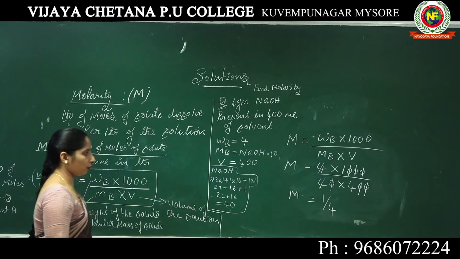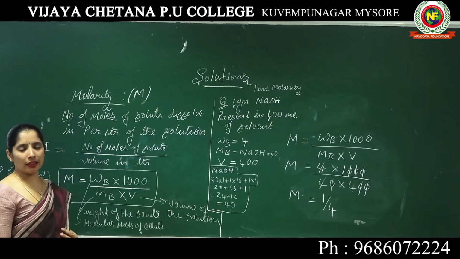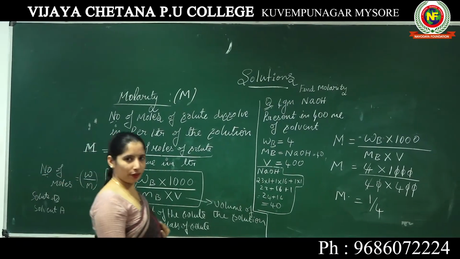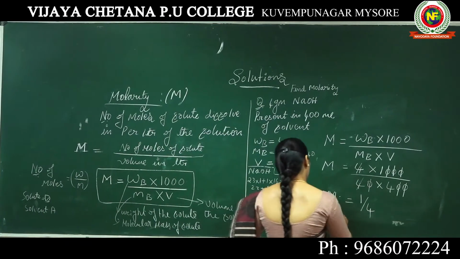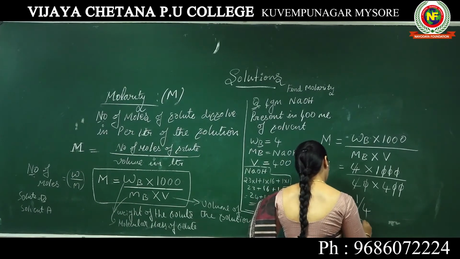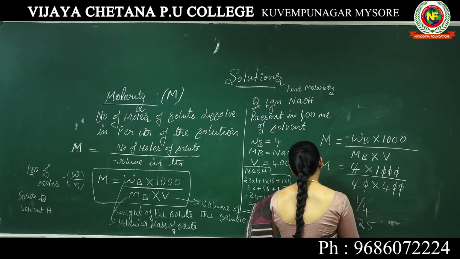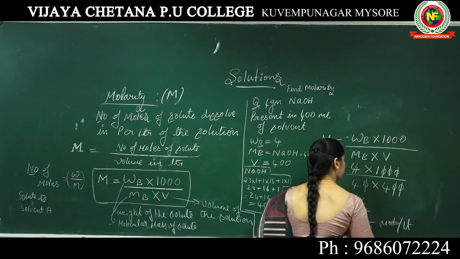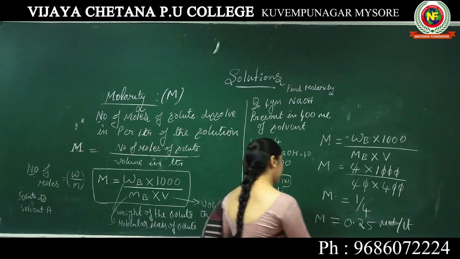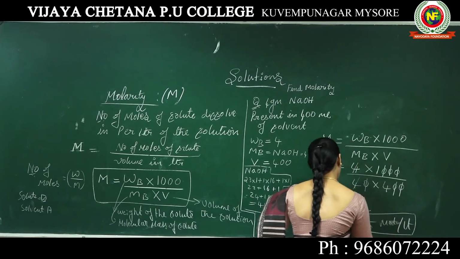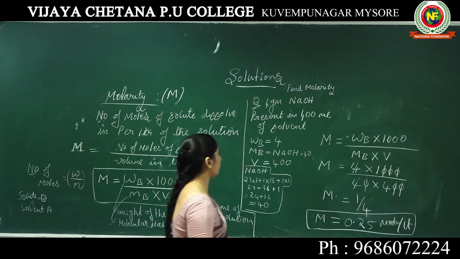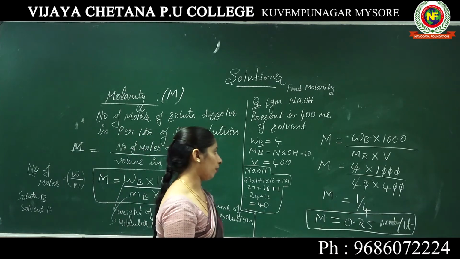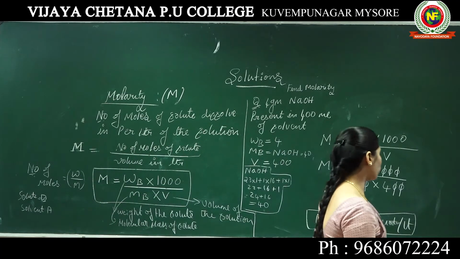We also can write the 1 by 4 in the form of 0.25. 0.25 mole per liter. So this is the molarity of this 4 gram NaOH present in 400 ml of the solvent.